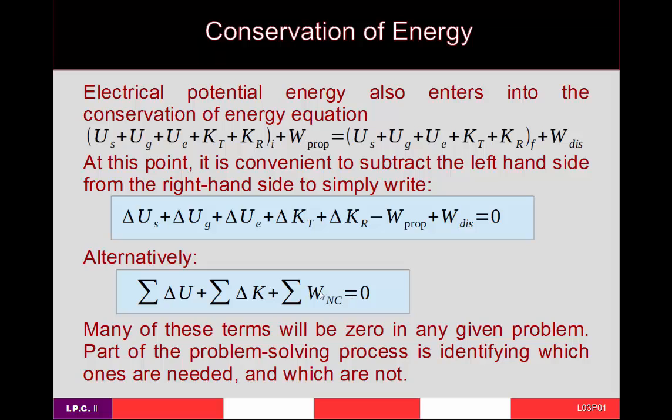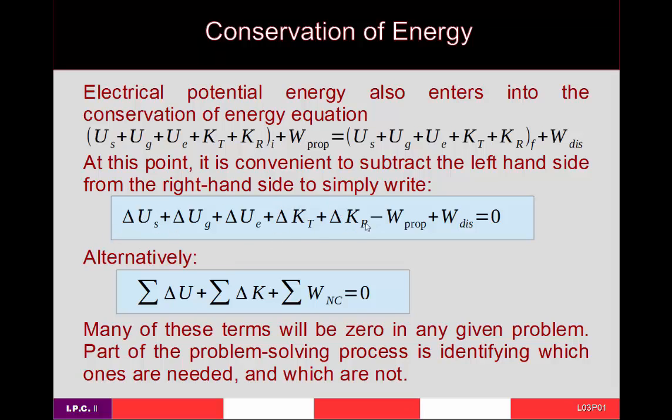Usually we have something like an electric potential and maybe gravity. So there might be a term for these two. There's maybe not a spring attached to it, so this force may be 0.